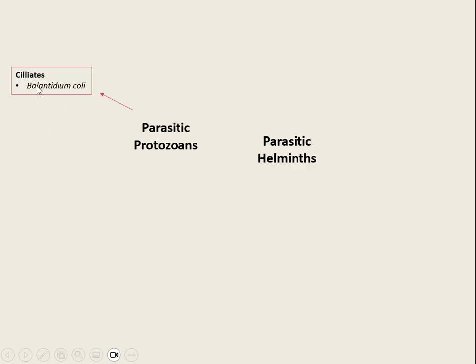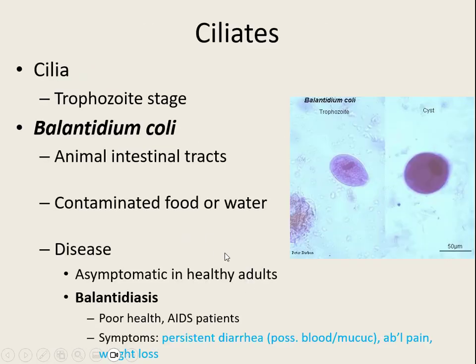Starting with the ciliates at the very top, there's only one ciliate protozoan that causes disease in humans. It is the Balantidium coli. If we shorten Balantidium to the B, its official name is B. coli, which should sound kind of familiar to E. coli.